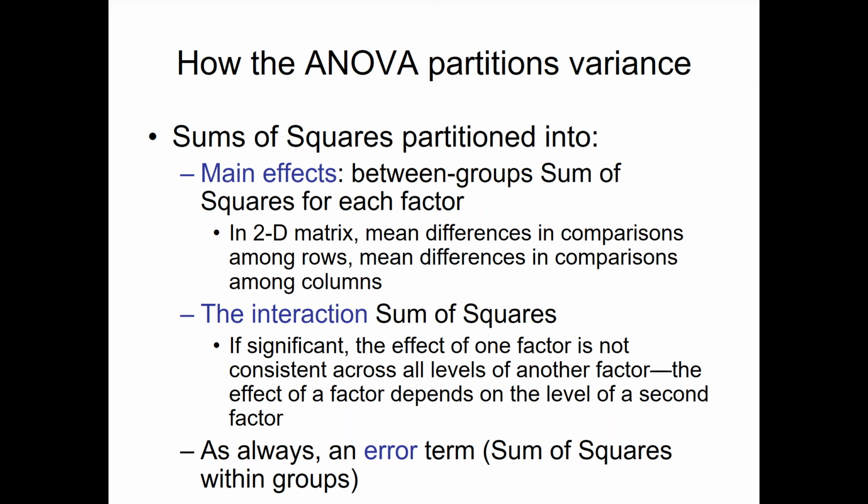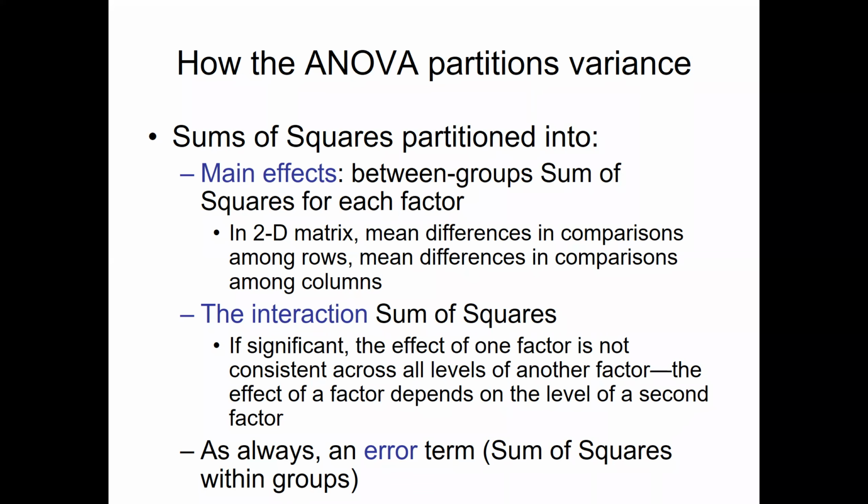Then the other way that sums of squares, that deviations are partitioned, is into the interaction effect. So the interaction effect is the overall effect of all of the mean differences. So not just mean differences within comparisons between rows versus comparisons between columns, but the combinations of those.